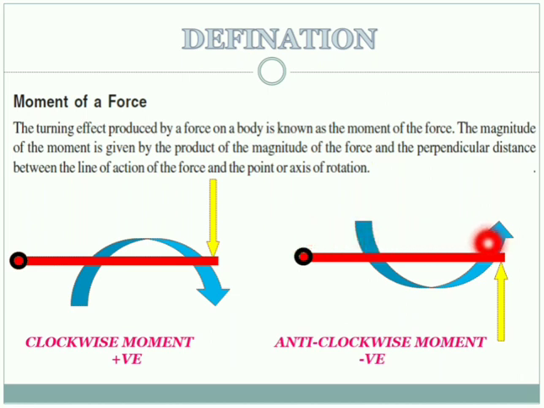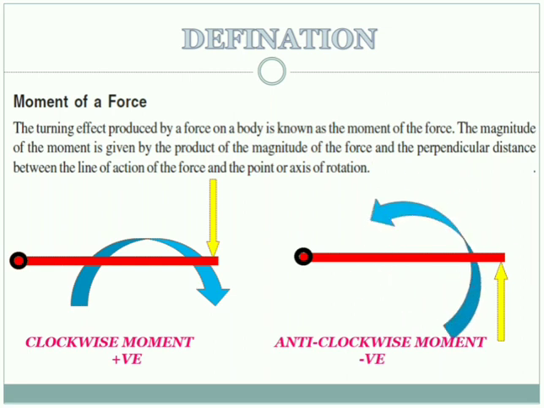The length of the beam is L and the magnitude of the force is F. Now what will happen in this case? The beam will rotate in the anti-clockwise direction when the force is applied from the bottom.